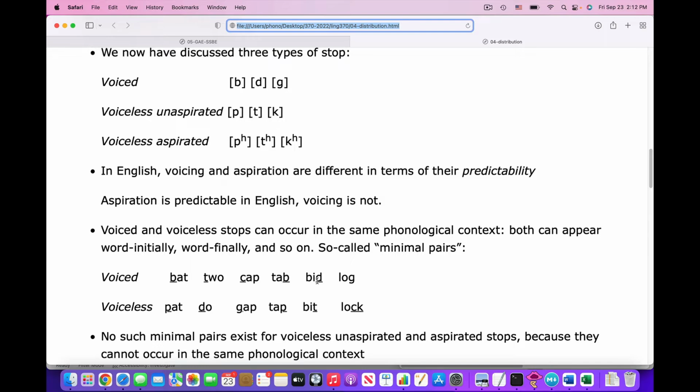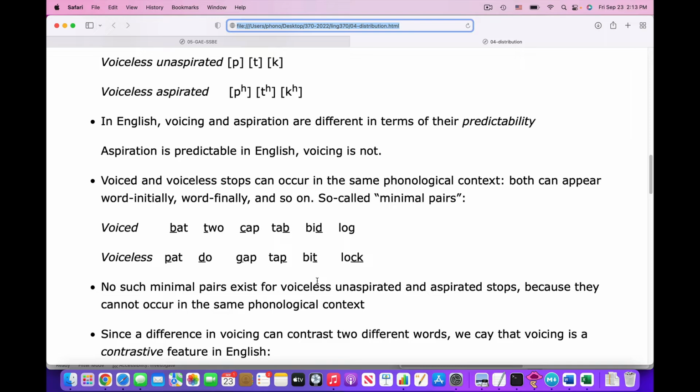So we get these minimal pairs: bat versus pat, to versus do, cap versus gap, tab versus tap, bid versus bit. You can't get minimal pairs for voiceless unaspirated and aspirated stops because you can't get an unaspirated stop and an aspirated stop in the same phonological context.